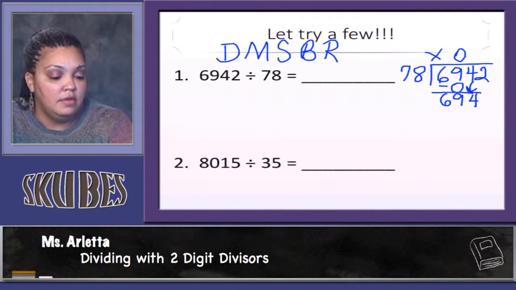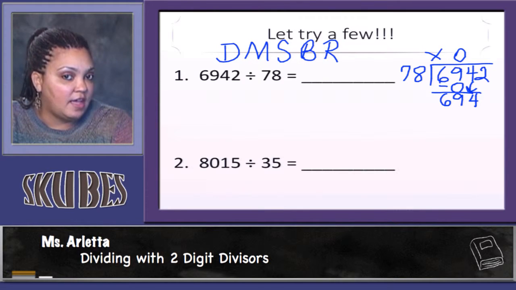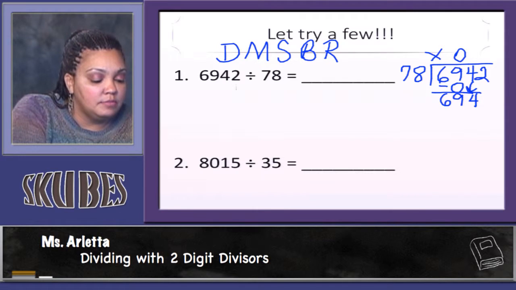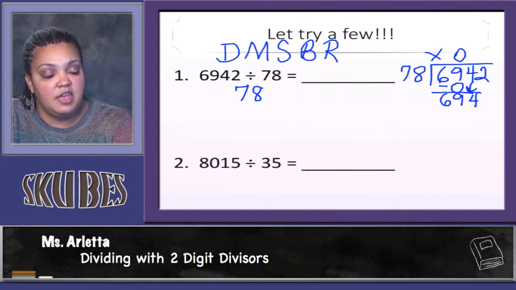Now we have 694 divided by 78. And what did we just say? We just said the opposite of division is multiplication. So we're going to take our divisor of 78 and guess and check. We'll guess by rounding 78 to 70.